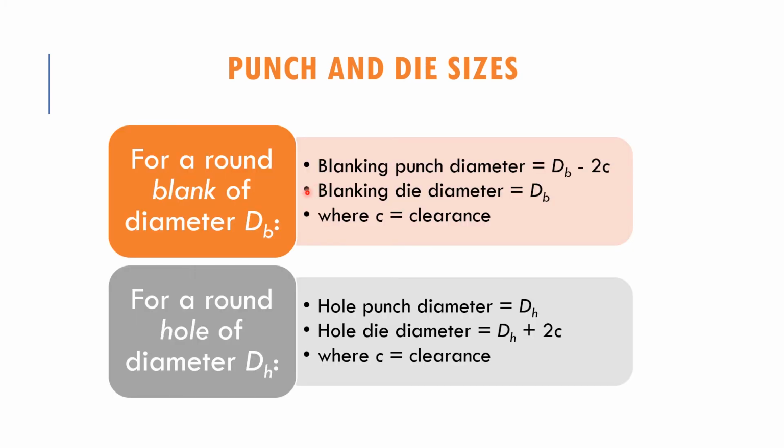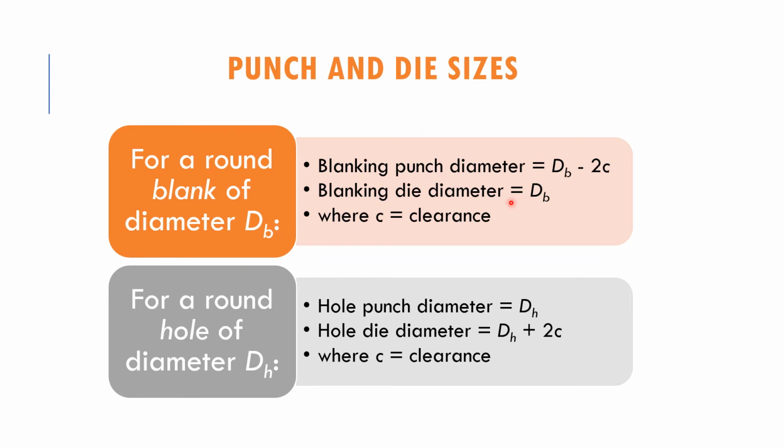Now let us look at the calculation to get the punch and the die size. Let's say we want to create a round blank of the diameter dB. We already know that the blank diameter is dB.